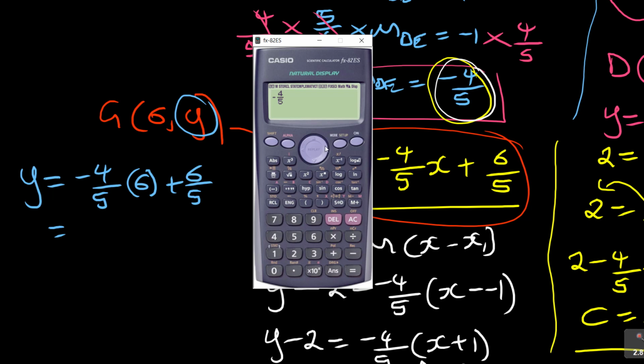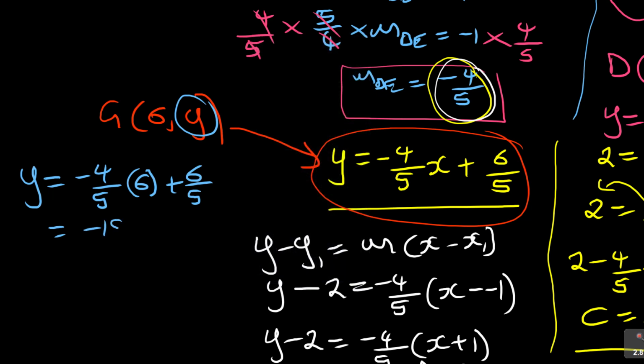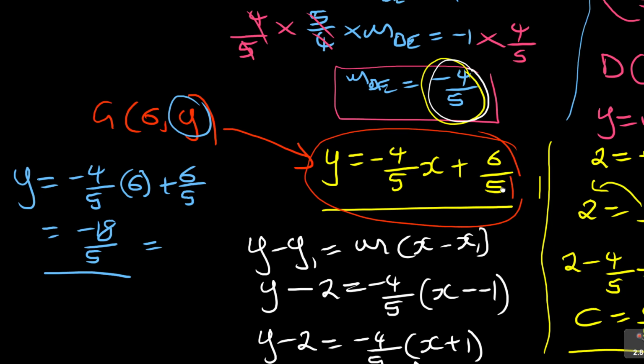Why? Because when x is 6, what is y? That's what they're trying to say there. It lies on that line, and you have to rely on that equation. So what is the answer? It's minus 18 over 5. You can write it in decimal form, it's still fine. Alright, so that was that part.